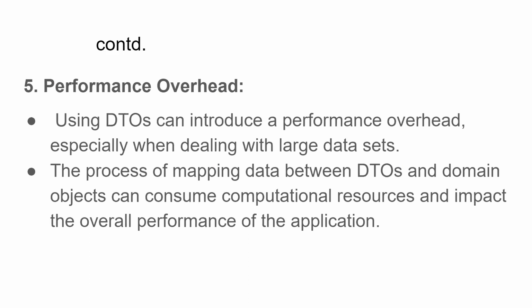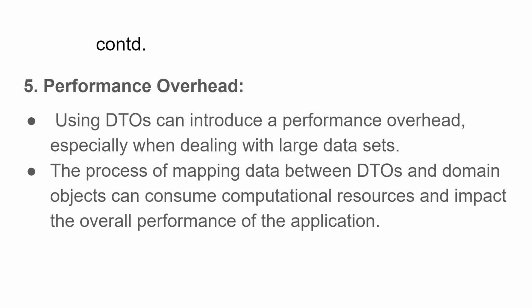Why? Because of the time taken for mapping. We need to map the data between the DTOs and the domain objects. We need to change from the domain objects to DTOs and from the DTOs back to the domain objects, back and forth.